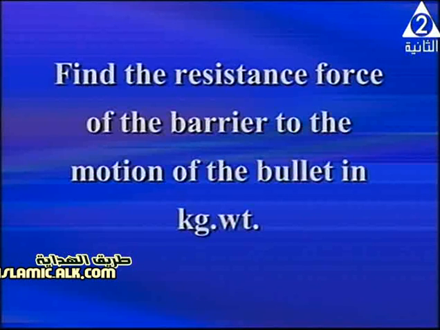Find the resistance force of the barrier to the motion of the bullet in kilogram weight. What is the required, dear students? Find the resistance force of the barrier to the motion of the bullet in kilogram weight.